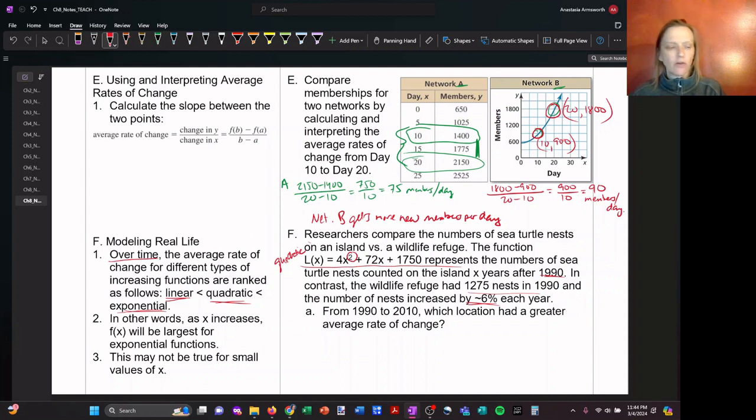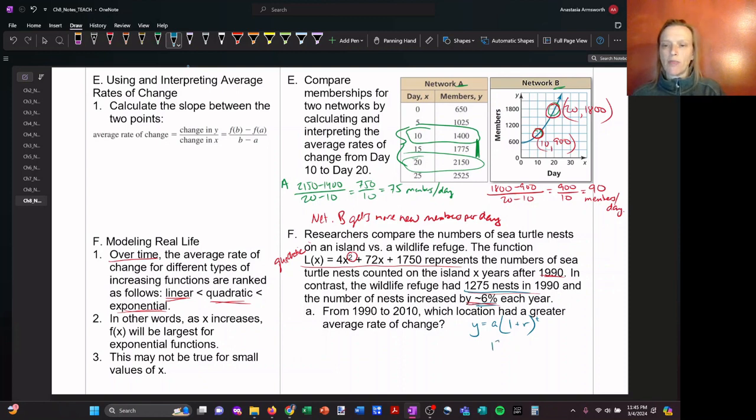And over here, the function that I have for the refuge, I start with 1,275 nests, but I grow by 6% each year. This is a description of an exponential function. So exponential functions have that format, or this is particularly a growth function, is going to have the format y equals some base rate times 1 plus the growth rate raised to the t power or the x power.